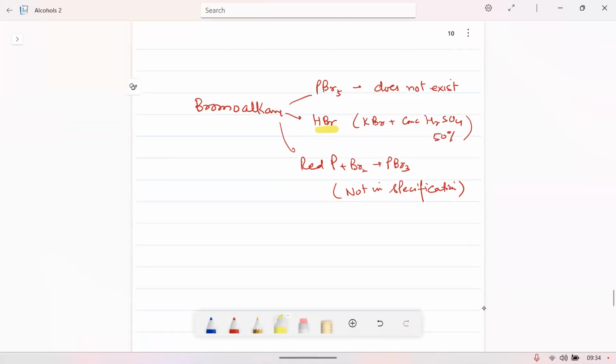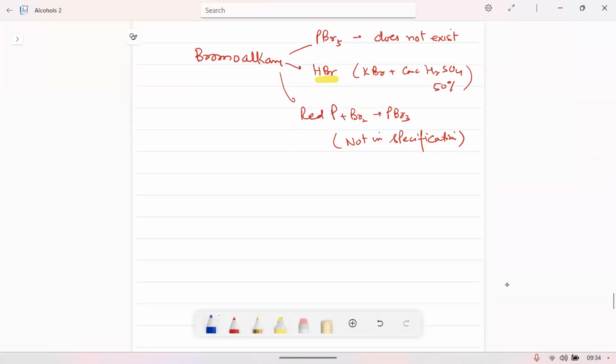And then for the iodoalkane, one of the methods could have been PI5, but the problem is it does not exist. That's one thing.